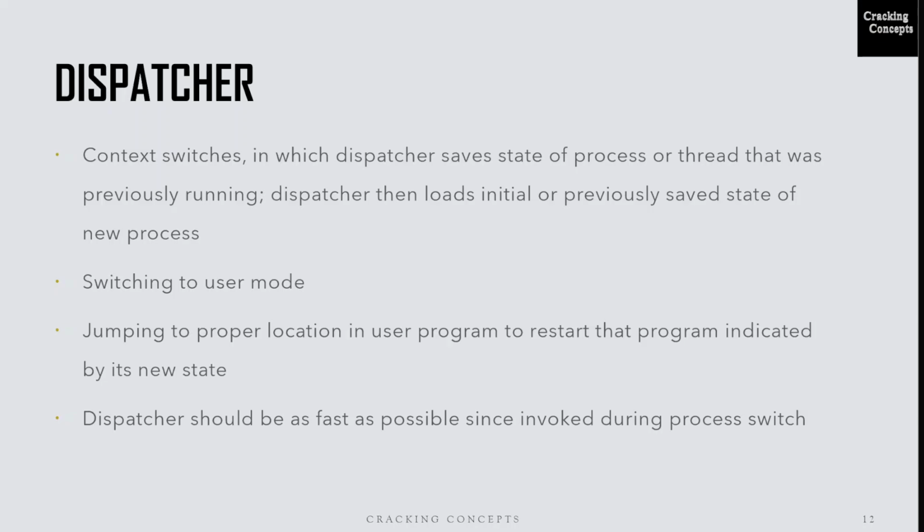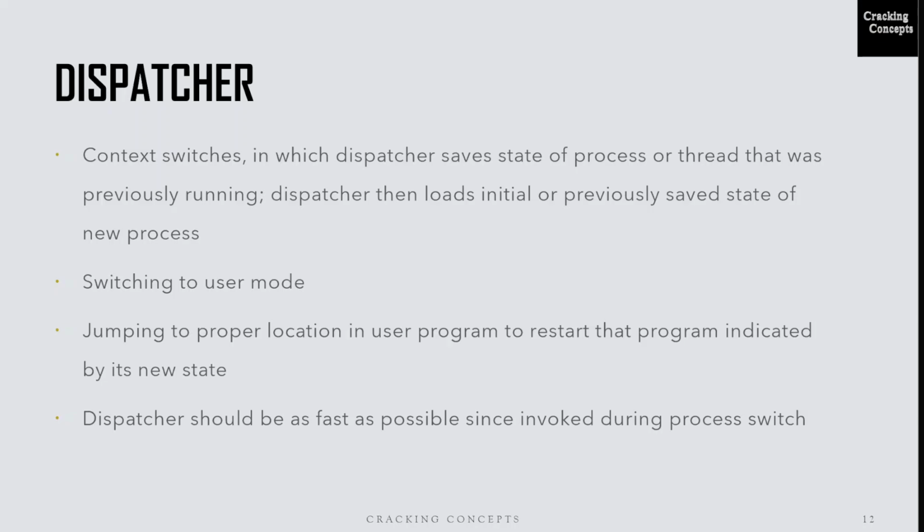Next is the dispatcher. This is another component that is involved in the CPU scheduling function. It is the module that gives control of the CPU to the process selected by the short-term scheduler. It receives control in kernel mode as a result of an interrupt or a system call.